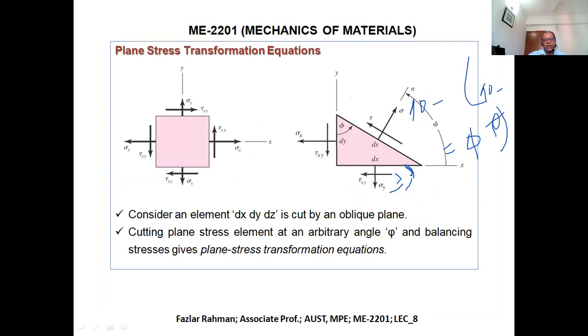Now, how can we derive the plane stress formula? We are considering an element whose size along the x-axis is dx, y-axis dy, z-axis dz, cut by an oblique plane. That means you cut it diagonally, and this plane makes angle phi.